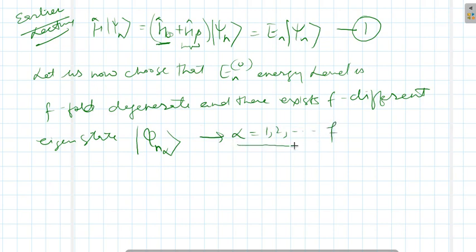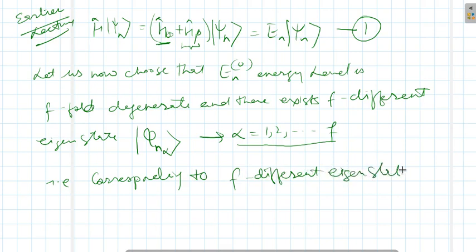So if it represents the f-fold degeneracy, that is, corresponding to f different eigenstates, there exists one energy level, and let me represent it by E n naught.